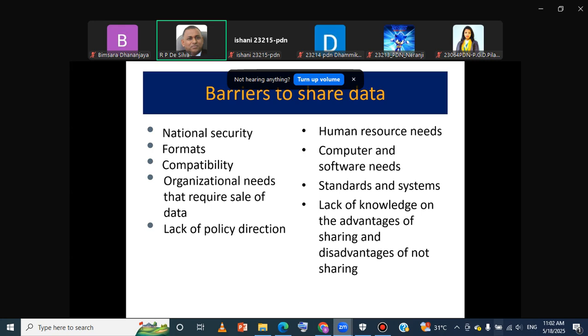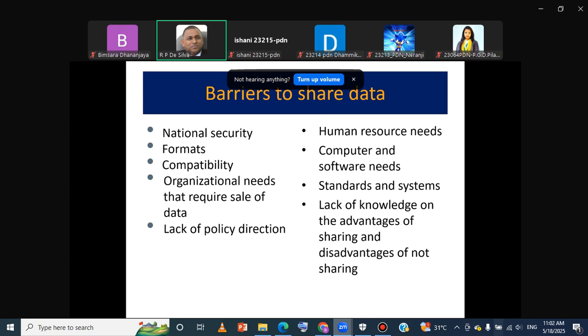Then there are organizational needs that require sale of data. Some of the organizations need to raise money, which they incurred in collecting the data.